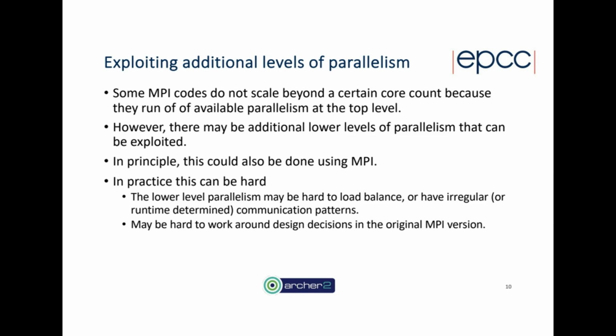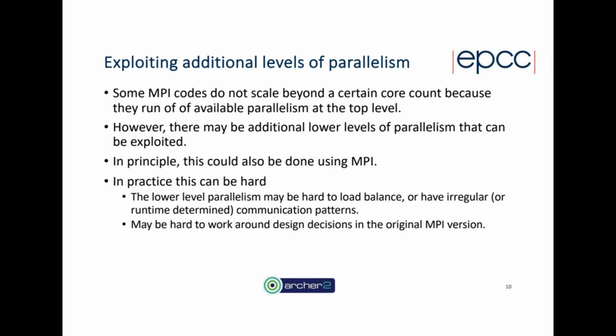Okay, so let's move on to some more performance-based considerations. The next one is the ability to exploit additional levels of parallelism. Some MPI codes are not going to scale beyond a certain core count because they run out of available parallelism at the outermost level, and that amount of parallelism may well be constrained by the physical problem that you're trying to solve.